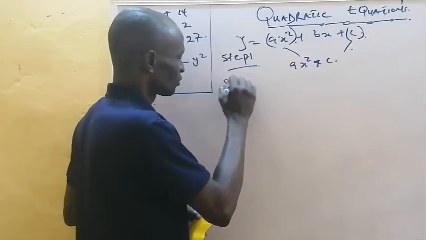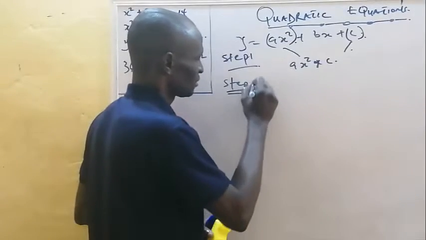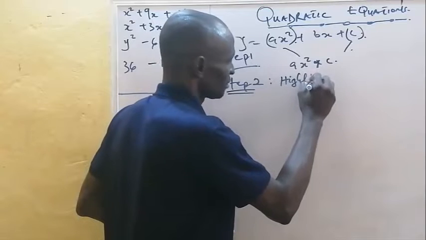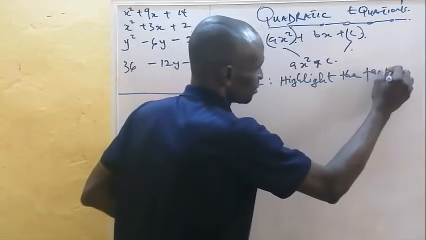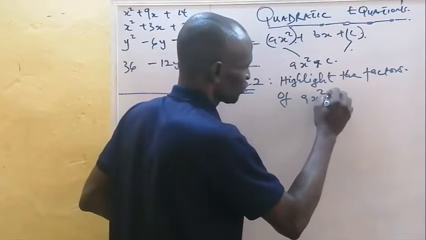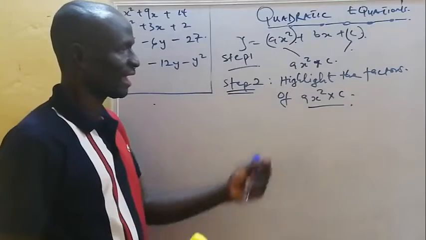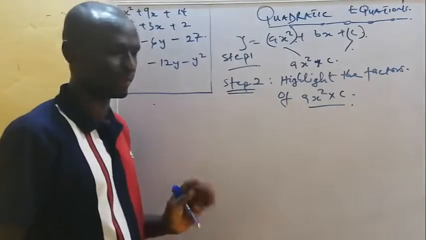Step 2: highlight the factors of ax² times c. That is, highlight all the factors of ax² times c.